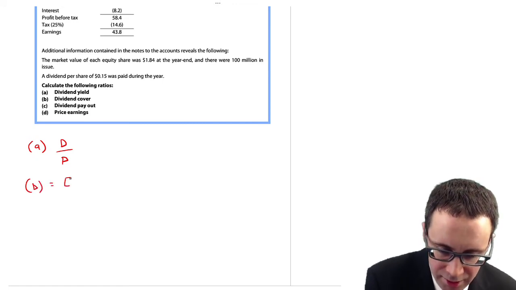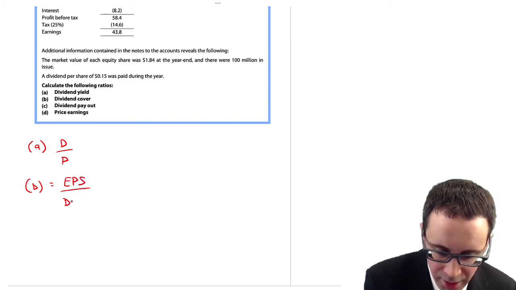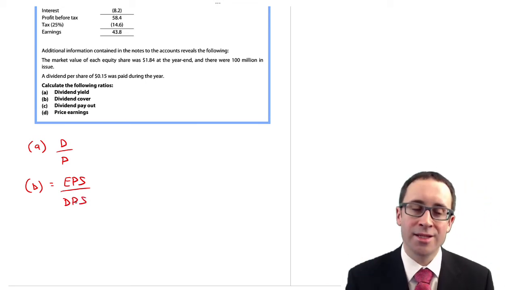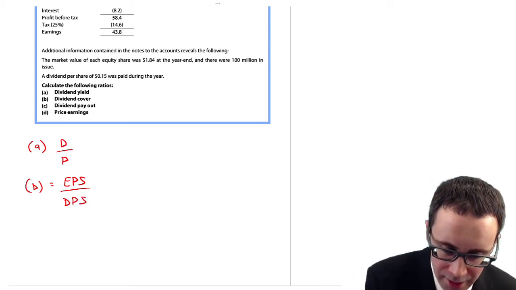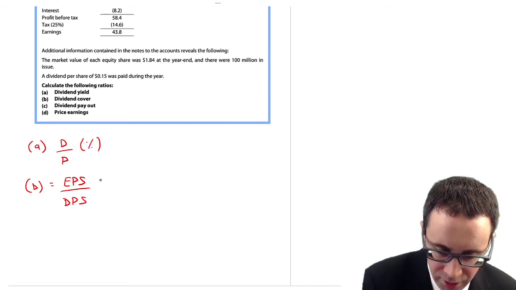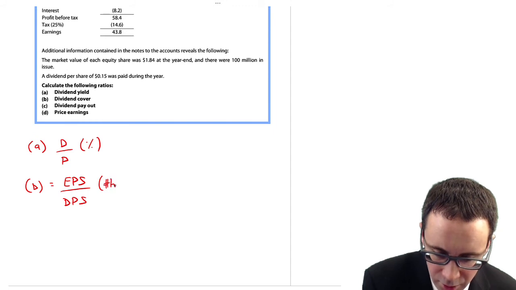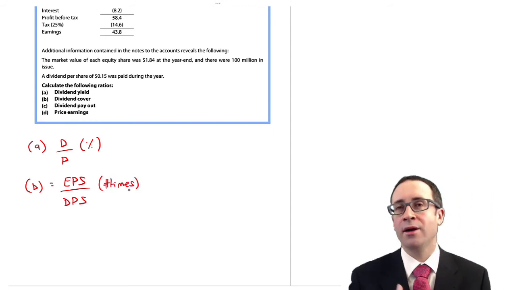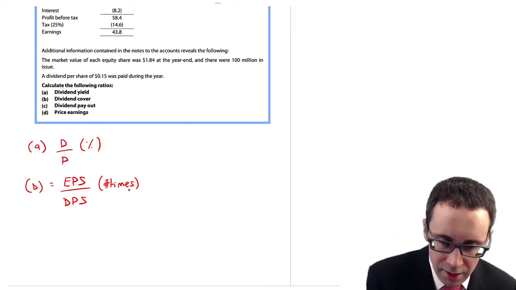Well, that's thinking about your earnings per share divided by your dividends per share, looking at how many times, isn't it? So remember, a dividend yield, that's a percentage. Your dividend cover is the number of times, isn't it? Again, this should be familiar to you. So dividend cover, looking at how safe your dividends are.